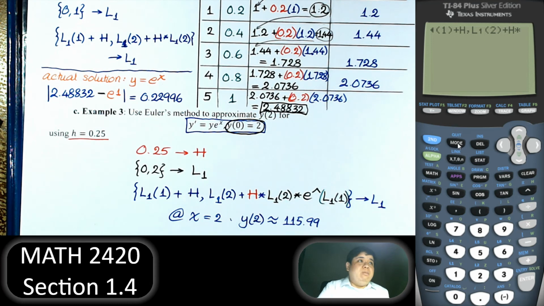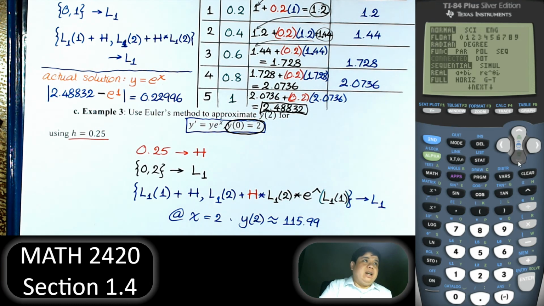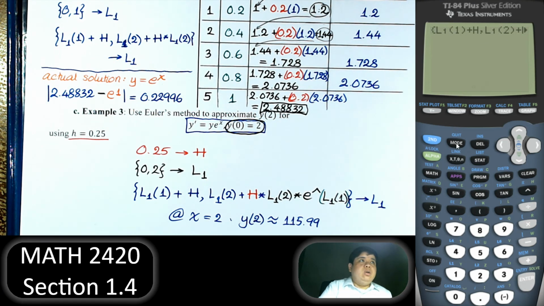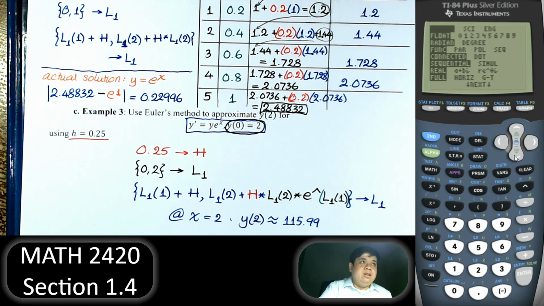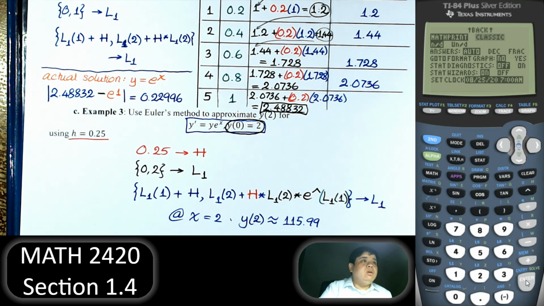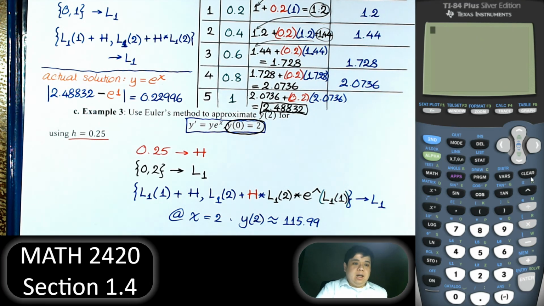So I highly recommend hitting mode and going to the classic mode. When we're done, we can always go back to math print. Select the mode that you want and hit second mode to go back to the home screen. But other than that, that is the Euler method to estimate the solution of a differential equation.